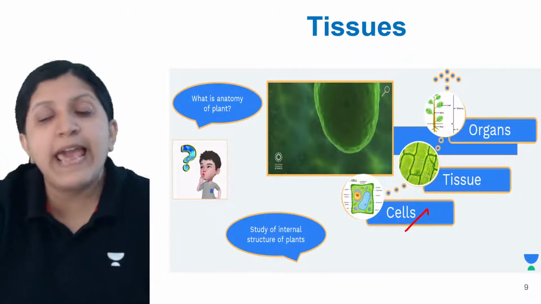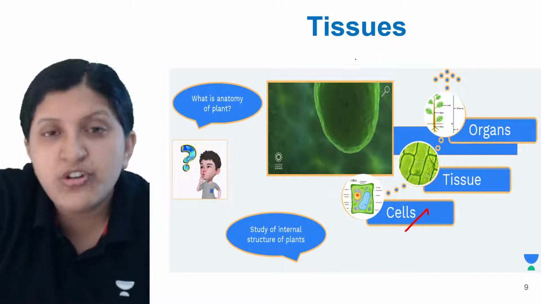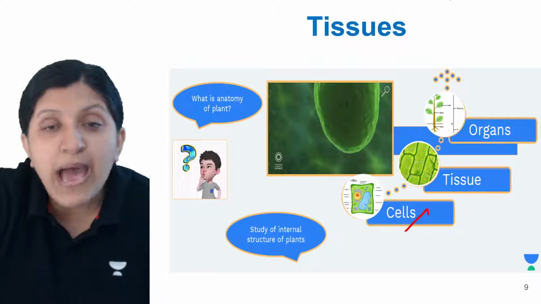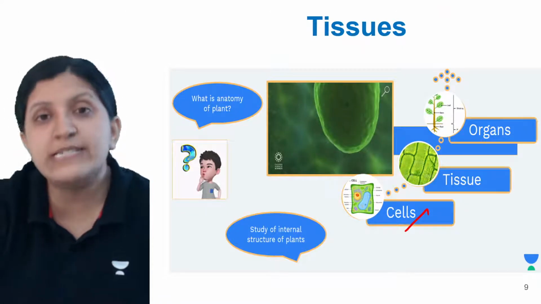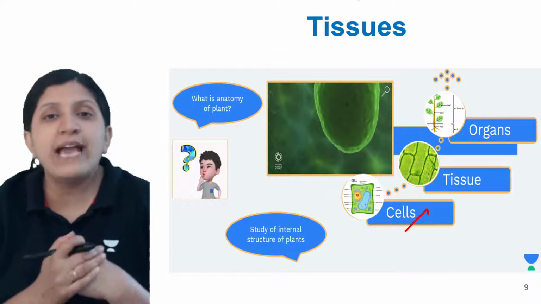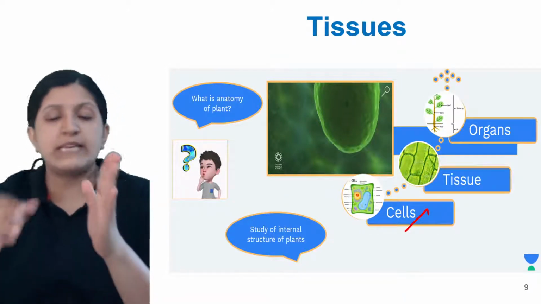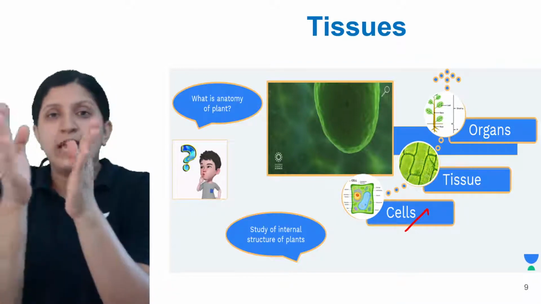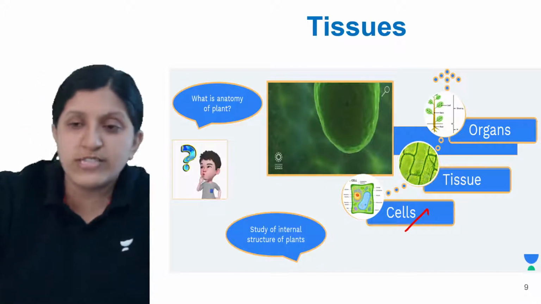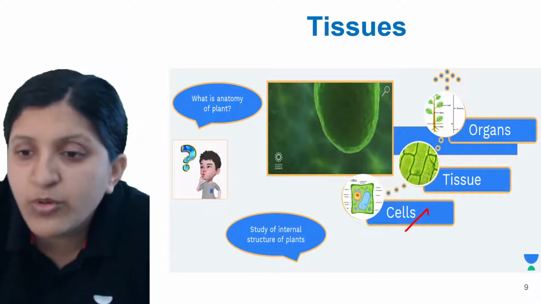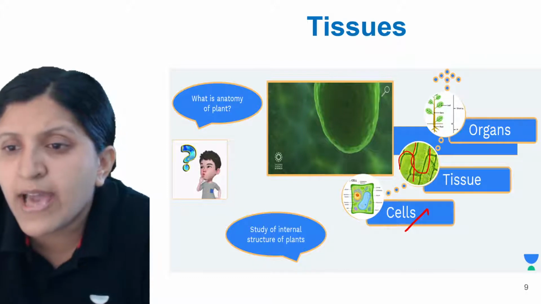So when many structural and functional units, which are cells, organize themselves and come in contact with each other, cell to cell, here is one cell, there is another cell, just like this, this group of cells is called a tissue.